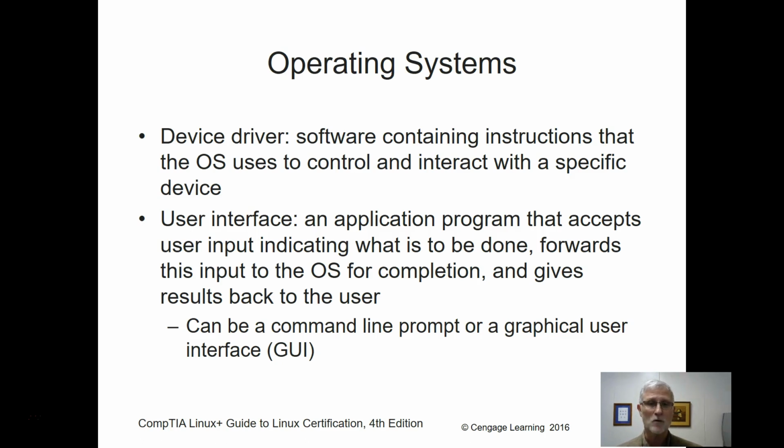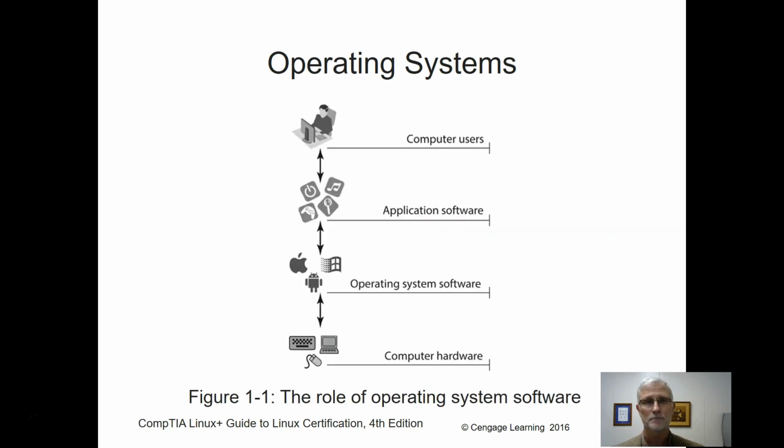In this class, we're going to spend most of our time in the command line prompt. So if you've taken a networking class, like NOS120, you're very comfortable with the command line interface. If not, or if you're taking NOS120 at the same time, you're going to get very familiar with command line interactions versus the point and click, drag and drop function that you see in your graphical user interface.